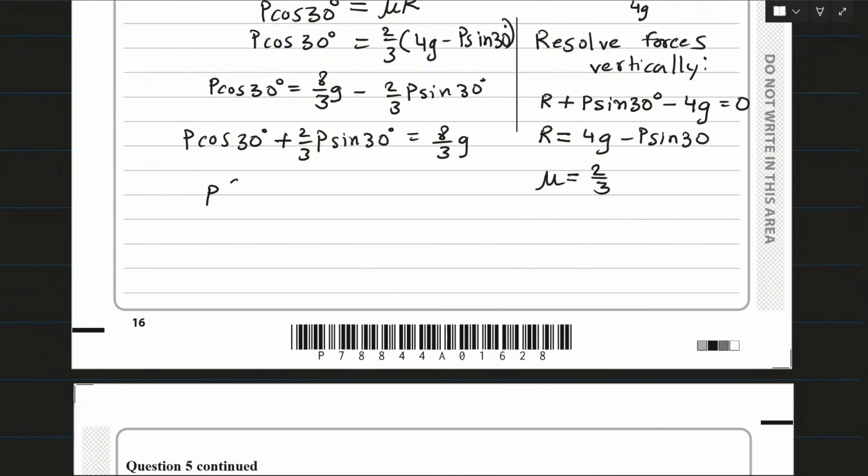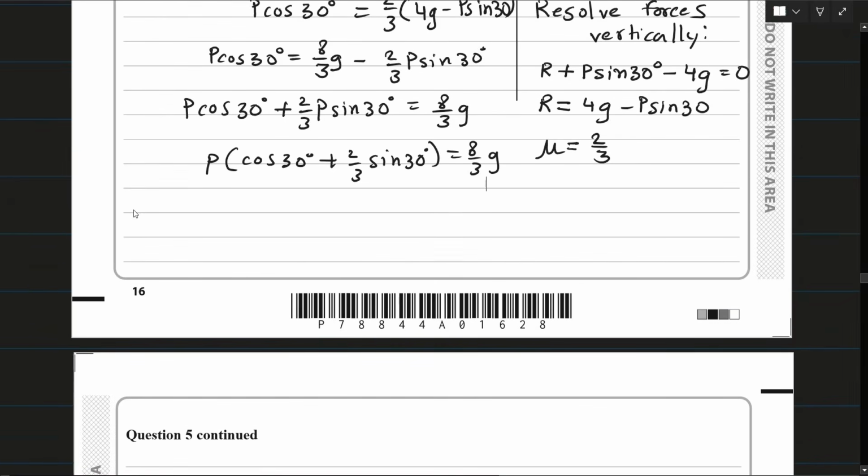Now taking P common from both of these terms, this leaves us with cos 30 plus 2 by 3 sine of 30 inside the brackets and 8 by 3g on the right side of our equation. So P is given by 8 by 3g divided by cos 30 plus 2 by 3 sine of 30.